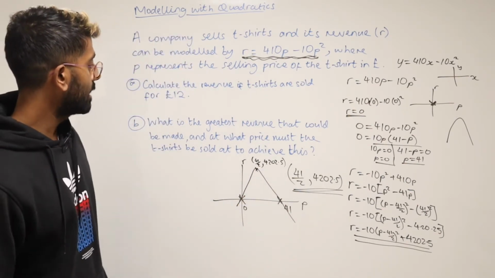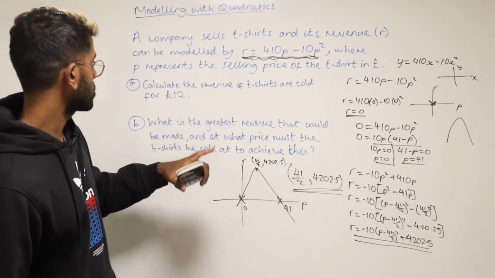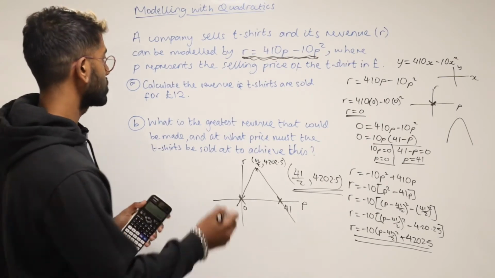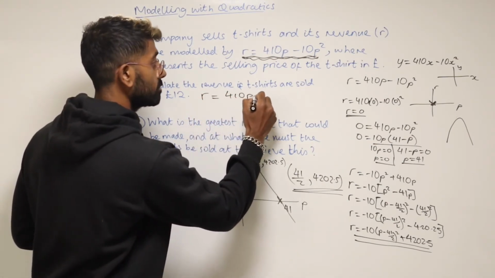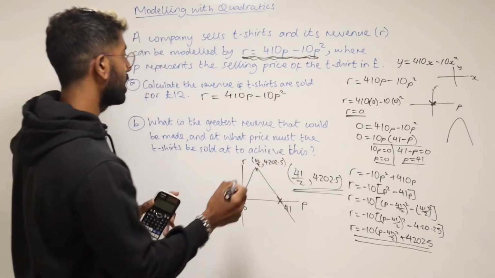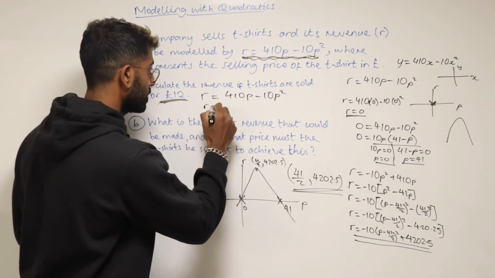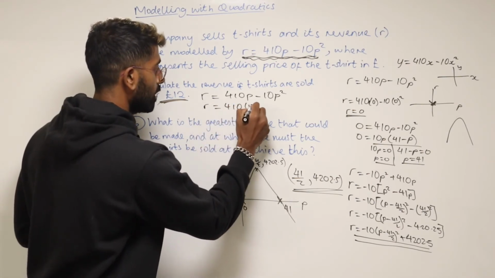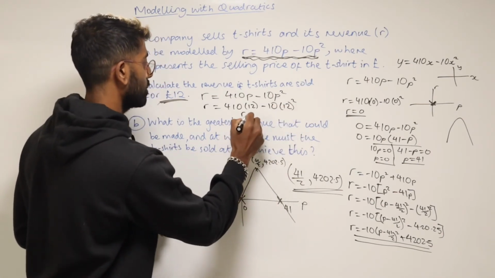Now then, what do we need to actually work out? We need to calculate the revenue if t-shirts are sold for £12. Here's our equation, and we're being told that the price of the t-shirts is £12. So all we need to do is substitute 12 into where p is.